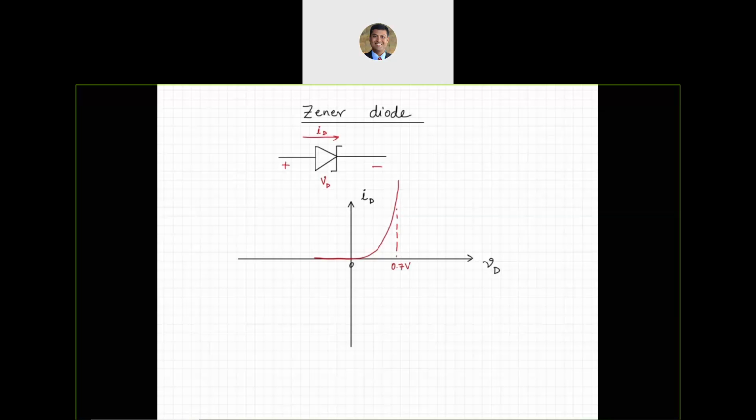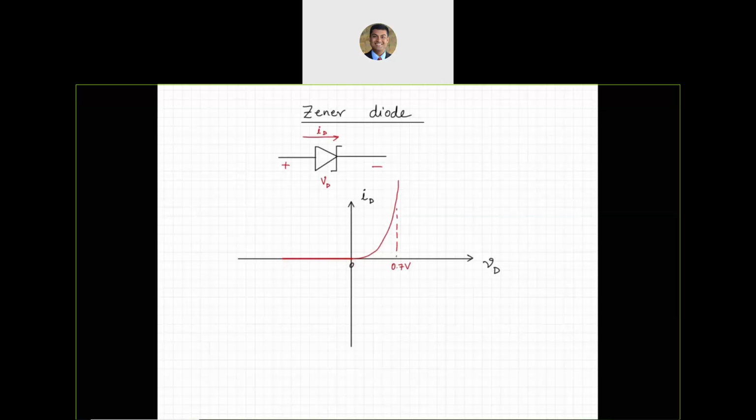I'm simply trying to trace, maybe I can make it a little bit thicker so that we can see it better. So for some amount of time, it is essentially going to be 0, very, very small, and in an ideal case, it is going to be 0. Very similar to the previous one in the reverse bias region. But when does the reverse breakdown happen?